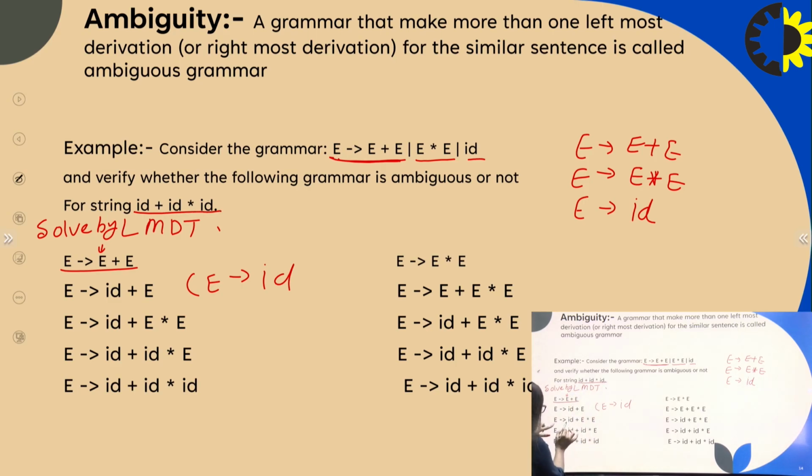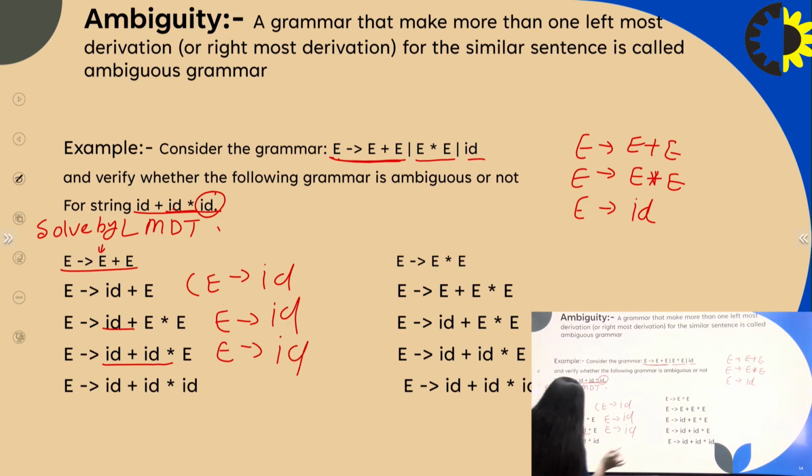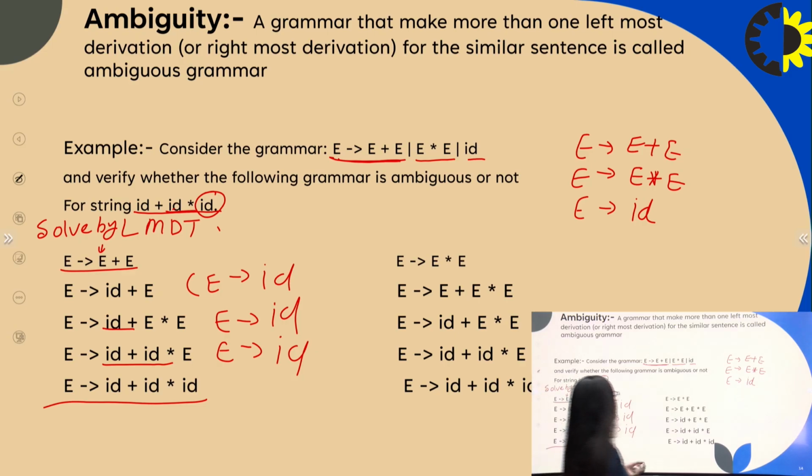The ID plus is fine and we want ID into. Then E replaced in ID, then we find the ID plus ID into, and next we want ID. E replaced in ID. The input string generated is ID plus ID into ID.